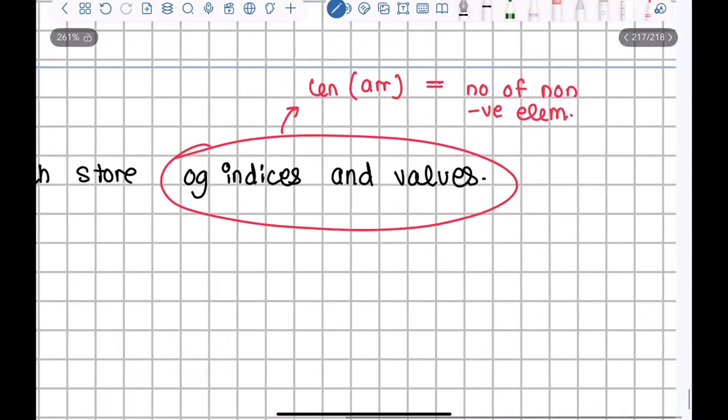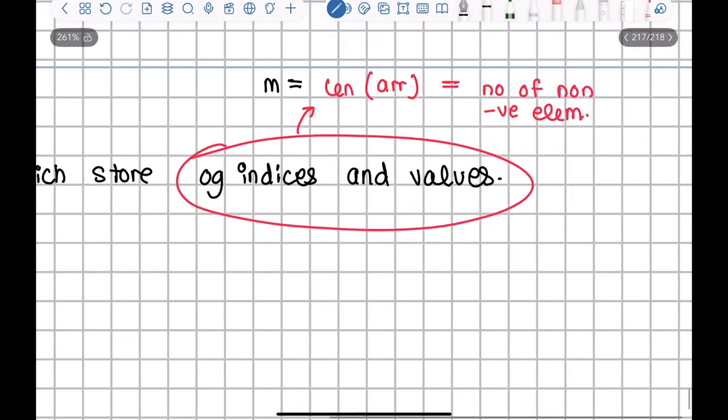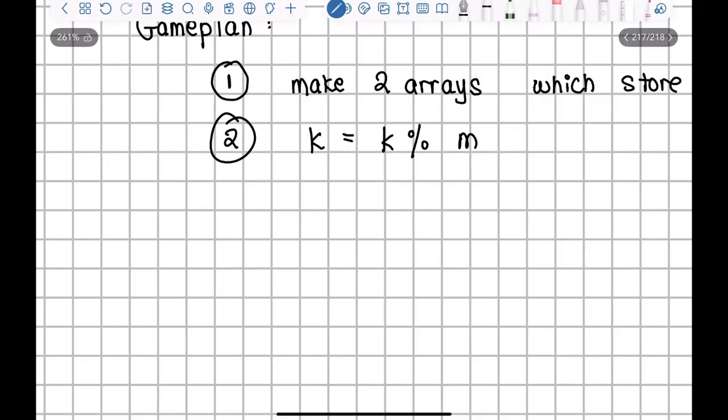Let's just store it as m. So we are reducing my k.